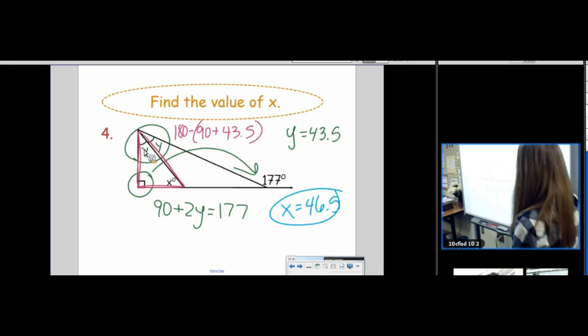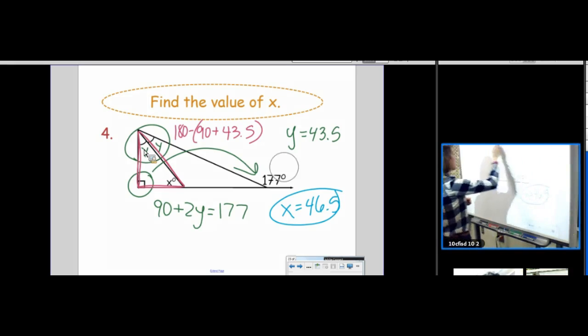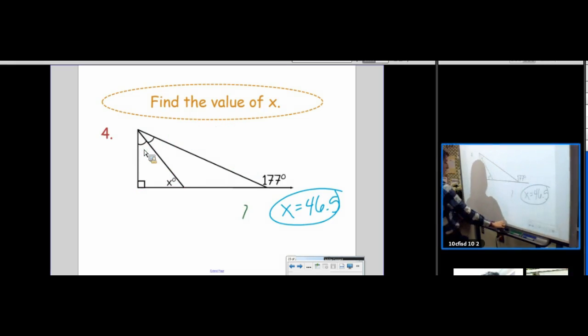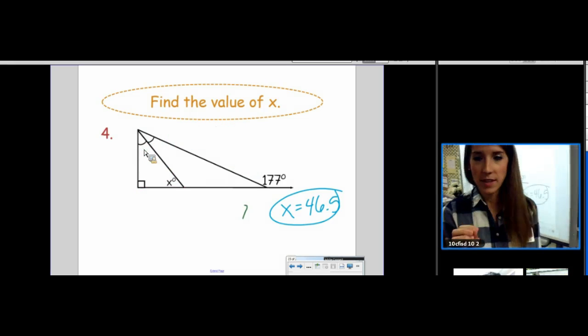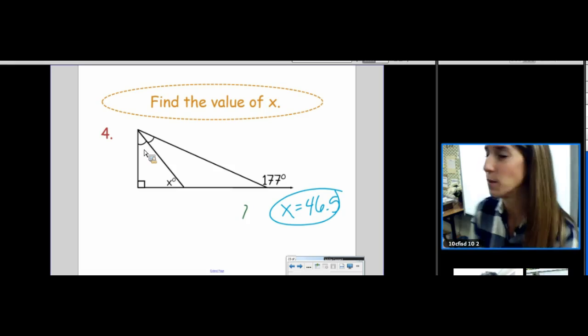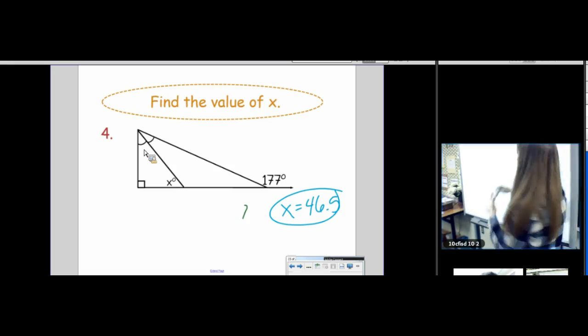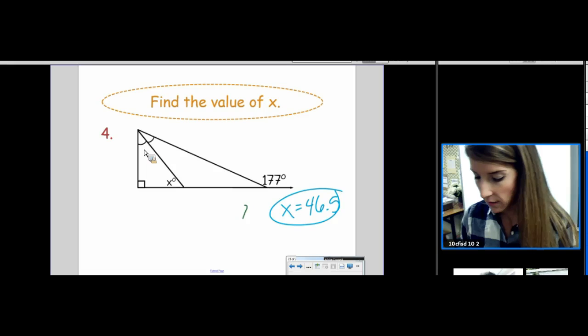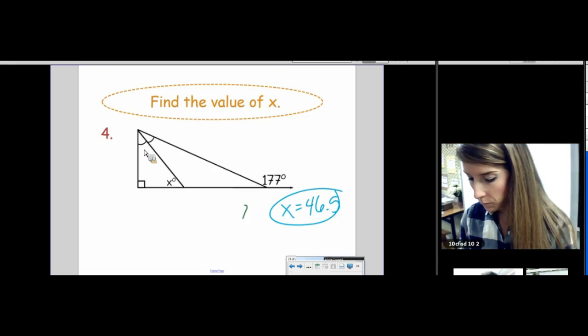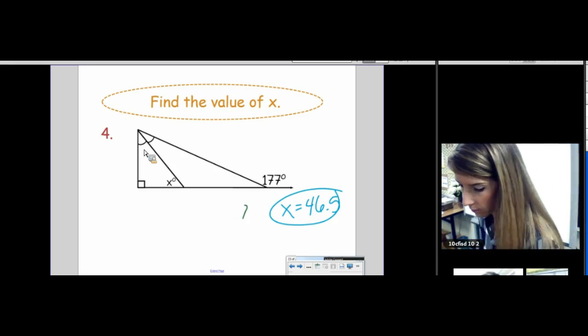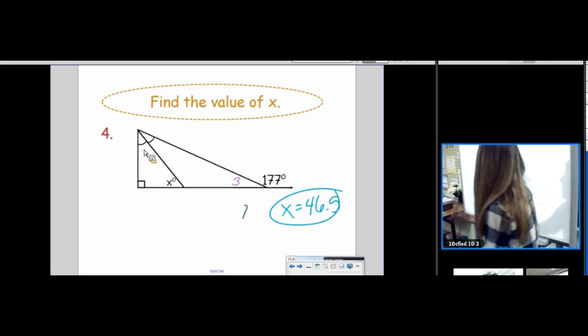All right, what was another way we could have solved that? Let's look and see what else we could have done. Because I am telling you, today you remember this theorem, but other days you're not going to remember to use this theorem. Students struggle with that. You could have found the linear pair of 177, right? Which is 3.